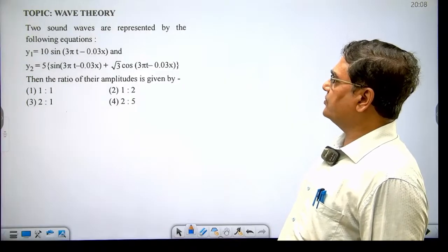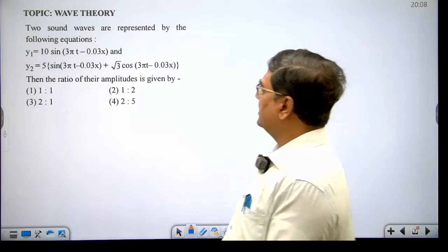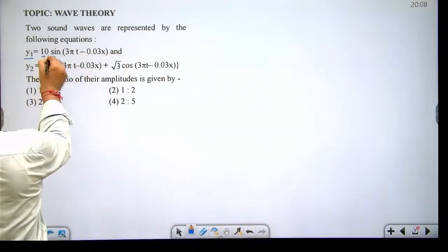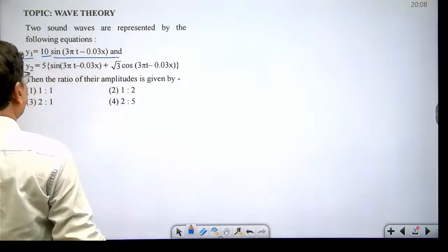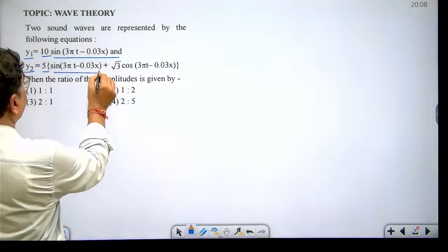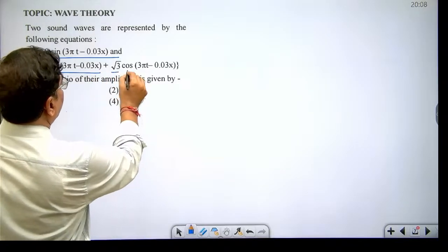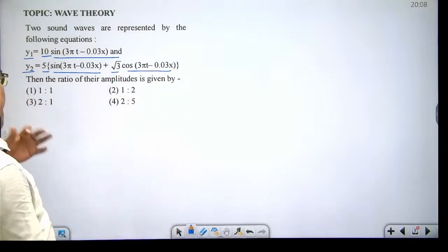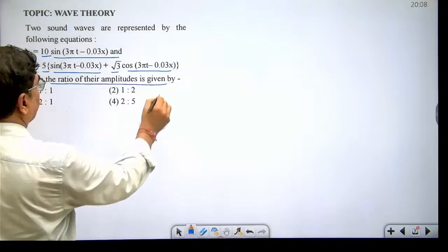This is a very good question. Two sound waves are represented by the following equation: y1 equal to 10 sin (3 pi t minus 0.03x) and y2 equal to 5 sin (3 pi t minus 0.03x) plus root 3 cos (3 pi t minus 0.03x). Then the ratio of their amplitude.